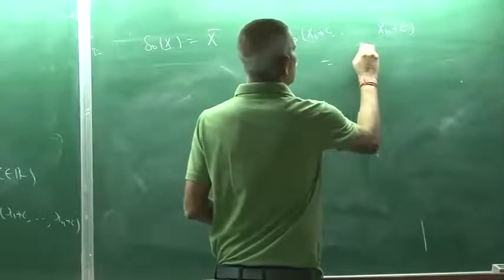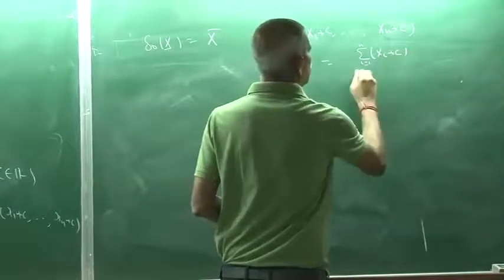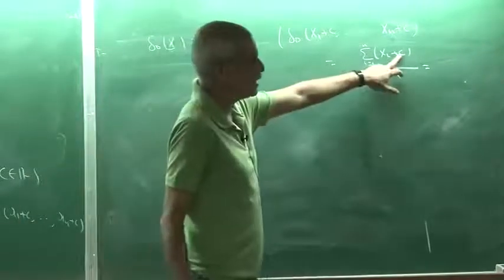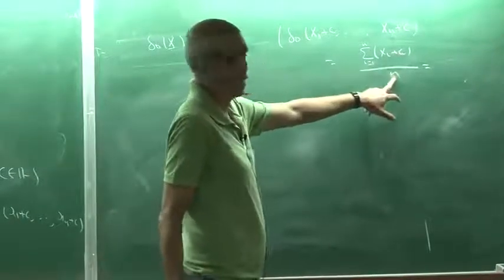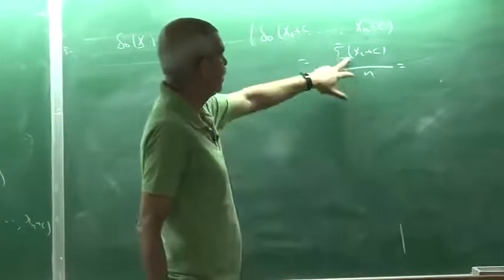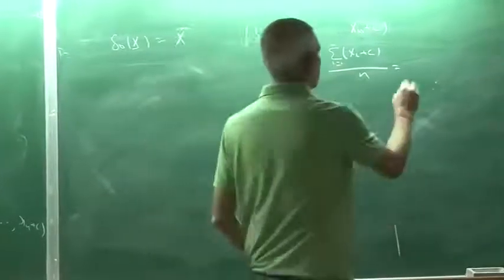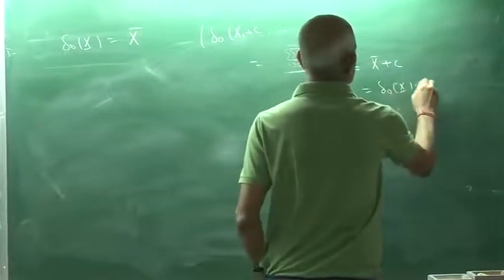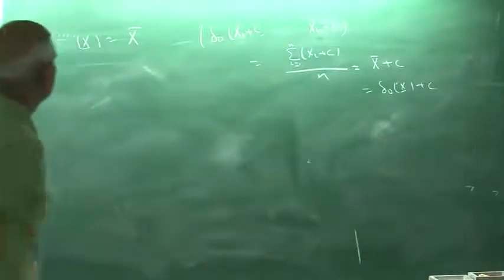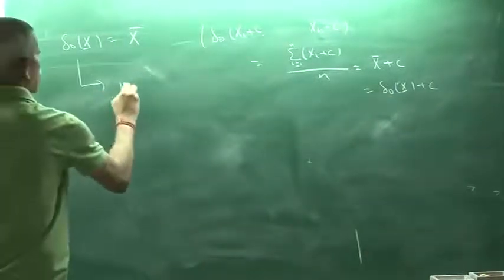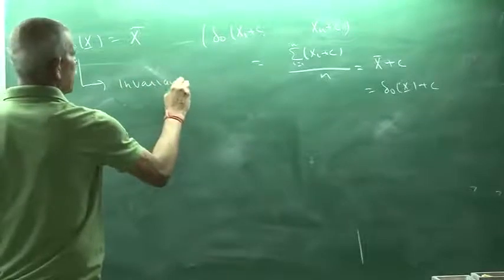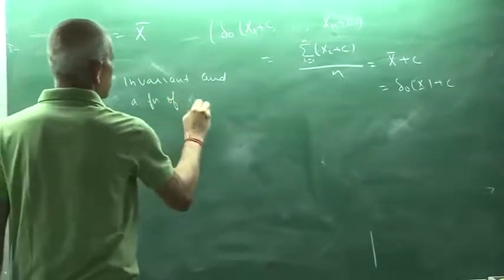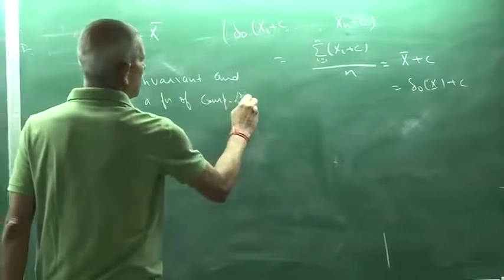So the summation, i equals 1 to n, of (xi plus c), divided by n, which is nothing but c is getting added n times, so it will become nc, and n will get cancelled, so plus c will come outside, and the summation of xi by n is X bar plus c, which is nothing but delta naught of x plus c. So it is invariant, and a function of a complete sufficient statistic.